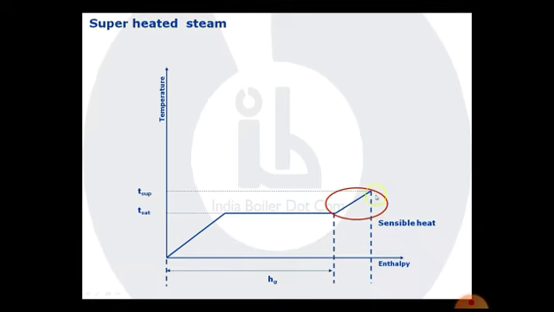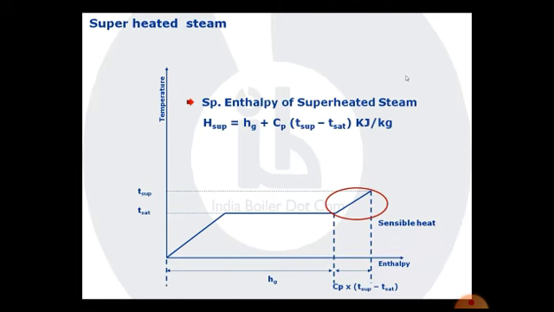Now we know that this is a sensible heat, therefore it is going to follow m C delta T, right? Since it is specific enthalpy, m is 1, so it is C delta T, and delta T is T sup minus T sat. So the enthalpy will be Hg plus this sensible heat, that is Cp times T sup minus T sat, and you can assume the Cp of superheated steam as 2.09 if it is not given, right?